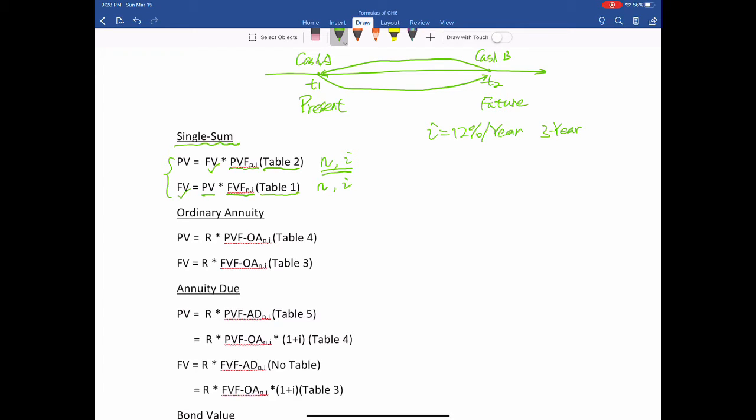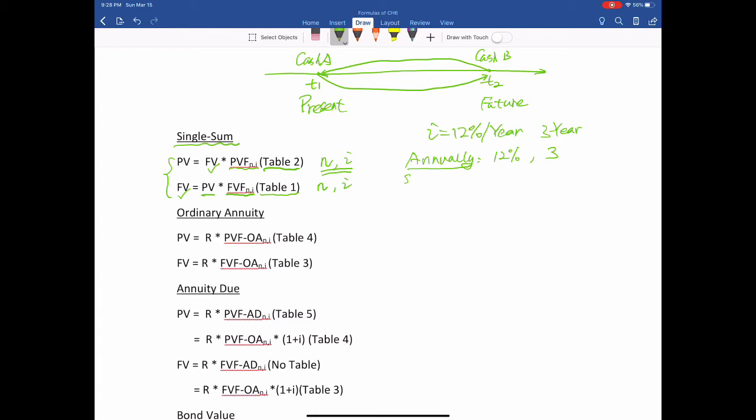If the interest is compounded annually, each period represents a year, so the interest per period is 12%, and the number of periods is 3.